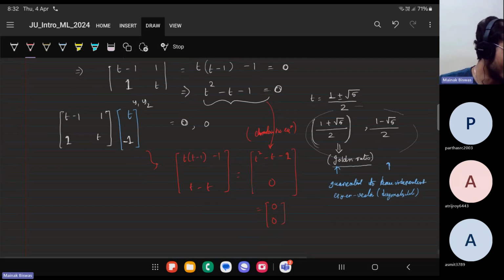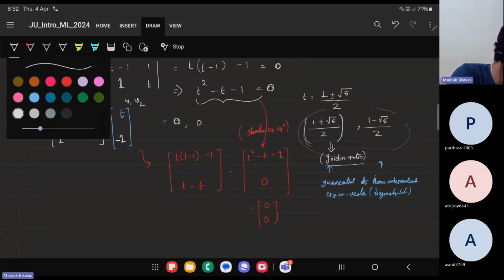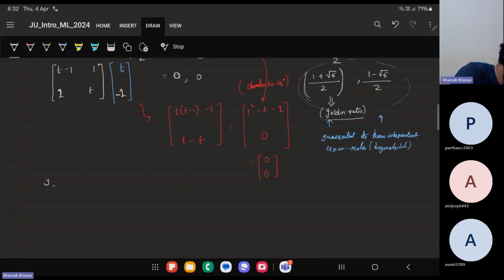So now I know the solution. So y1 and y2 I know. y1 is 1 plus root 5 by 2 comma minus 1 and y2 is, now do you see why we get this that we have been discussing all this while?